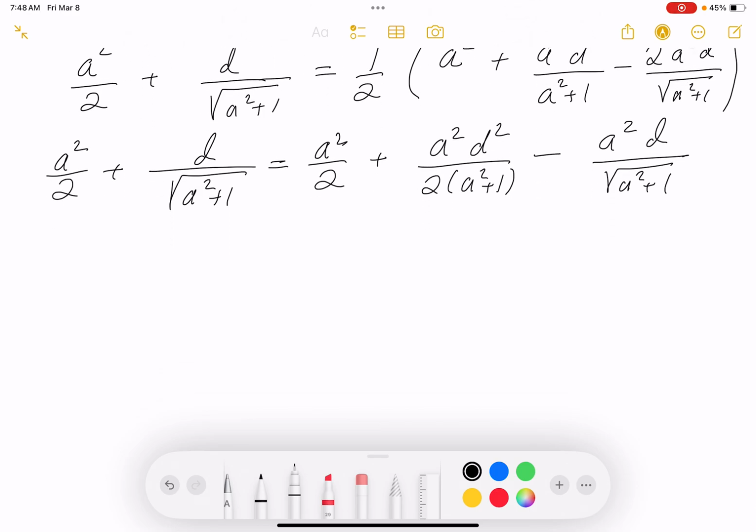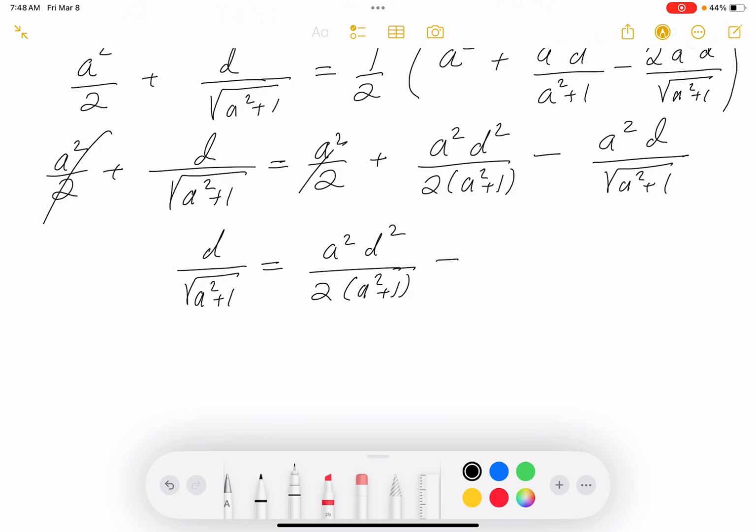Well, one thing I do notice right off the bat is that I can subtract this from both sides and they disappear. And so what am I left with? I'm left with d over the square root of a squared plus 1 equals a squared d squared over 2 times a squared plus 1, minus a squared d over the root of a squared plus 1.